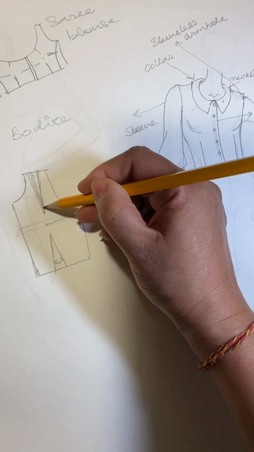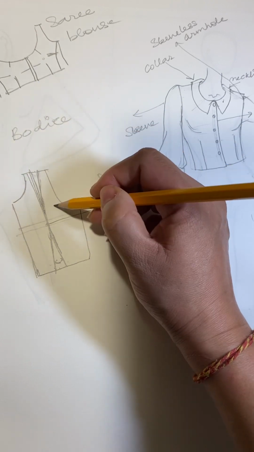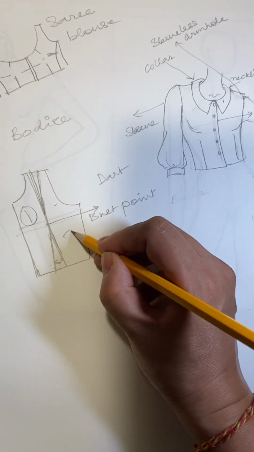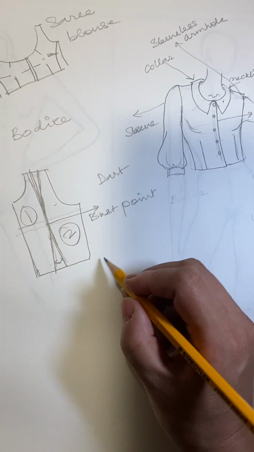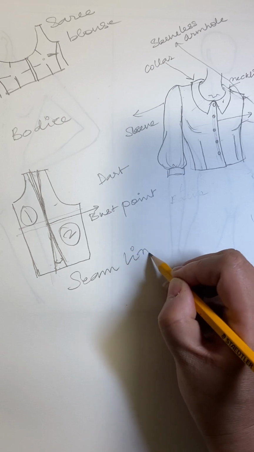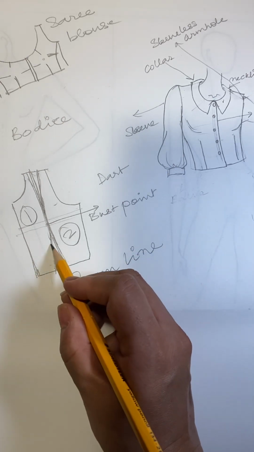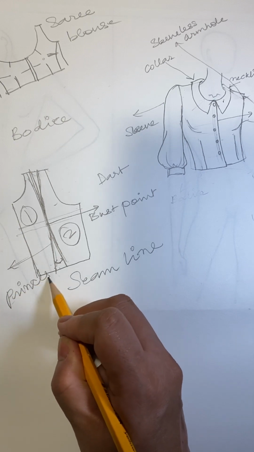These are the darts. Sometimes darts can be merged and two separate pieces can be created, piece number 1 and piece number 2, and this seam line is called a princess line. It's very commonly used.